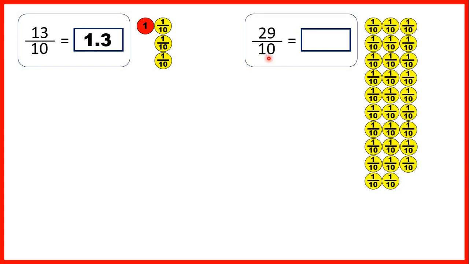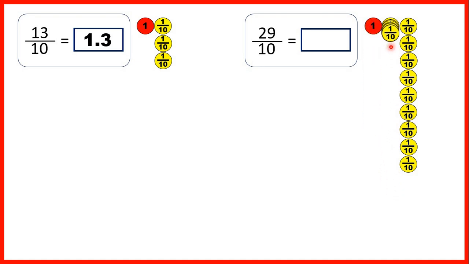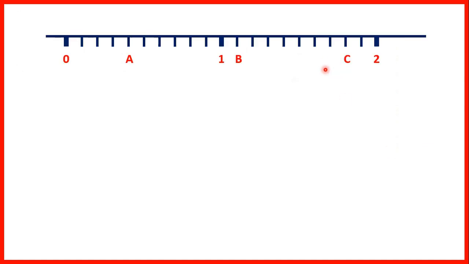And if we've got 29 tenths, we can swap 10 tenths for 1 whole, and then we can swap another 10 tenths for another whole. That means that we have 2 altogether and 9 tenths, so that's 2.9. Finally, let's work out the values of A, B and C on this number line.